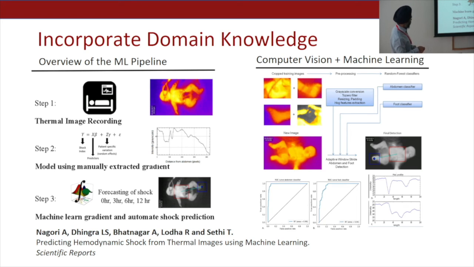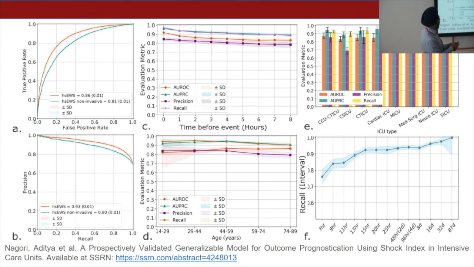Models that are published, there's a series of papers, which achieve prediction of shock more than 12 hours ahead of time. Some of these models have actually been validated in more than 200 ICUs, which are also adult ICUs, cardiac, surgical, and so on. None of these ICUs are in Indian settings, mostly they are American ICUs, so these are again transfer learning.